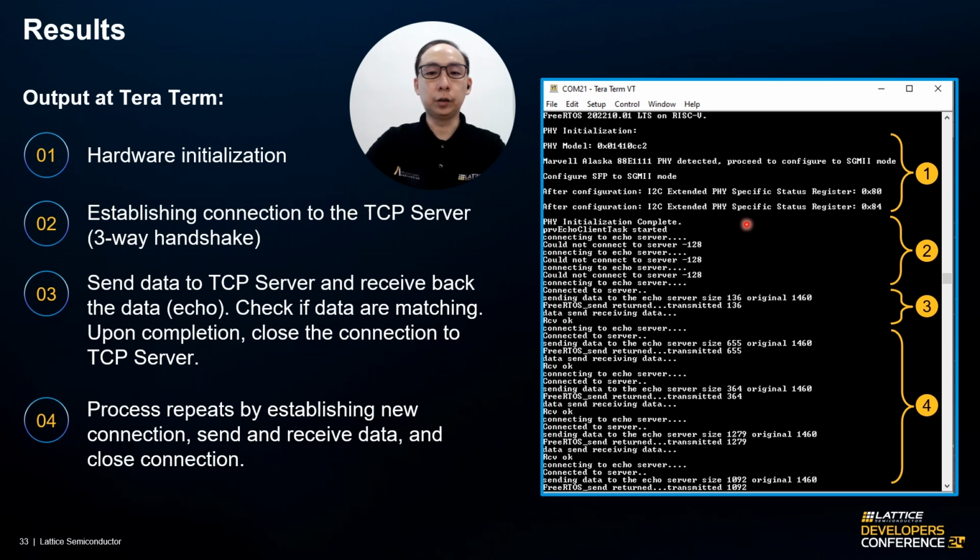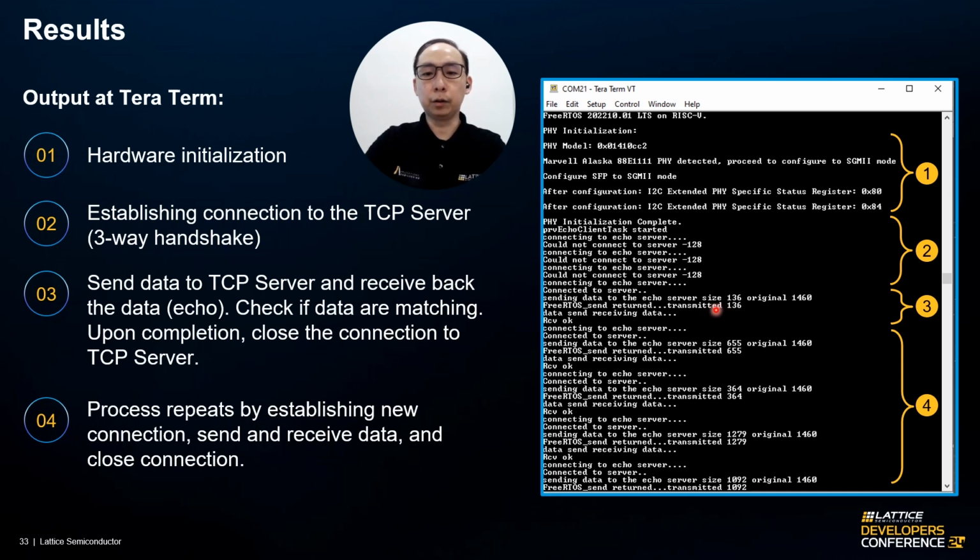When the PHY initialization has been completed, the TCP stack software will start the connection to the server by establishing the three-way handshake. After a few attempts, the connection to the server is successful. Once the connection has been established, at point number 3 here, the software will start sending data to the server and receiving it back via the echo.